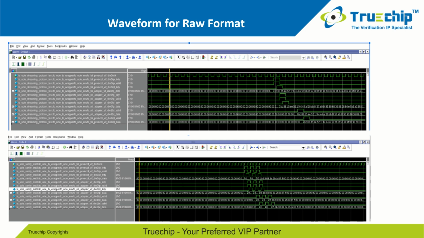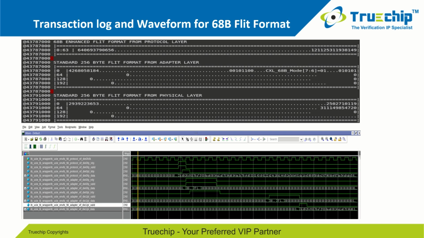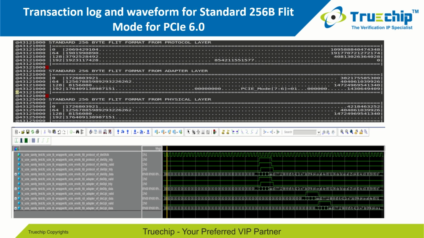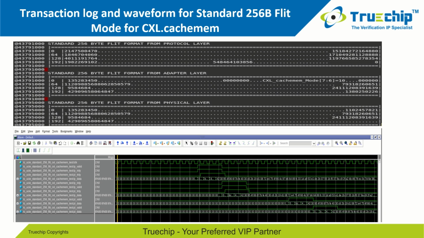Now we have the transaction log and waveform for the 68-byte flit format. Now we have the transaction log and waveform for standard 256-byte flit mode for PCIe 6. And these are the transaction log and waveform for standard 256-byte flit mode for CXL cache mem.